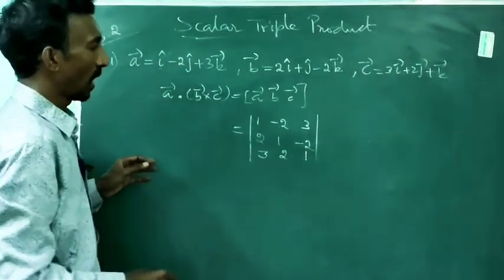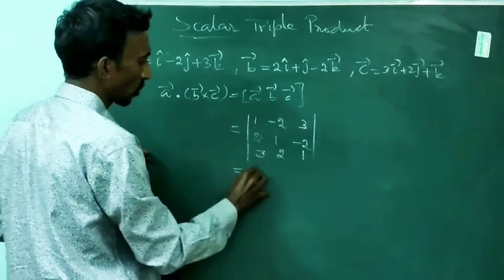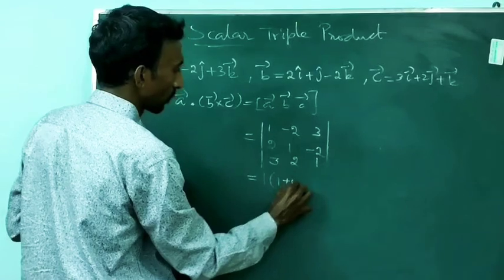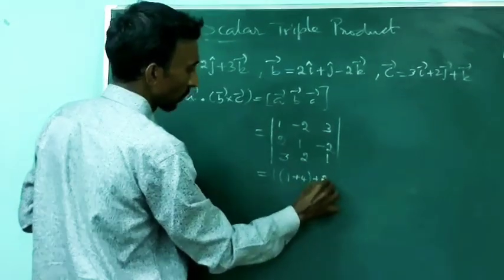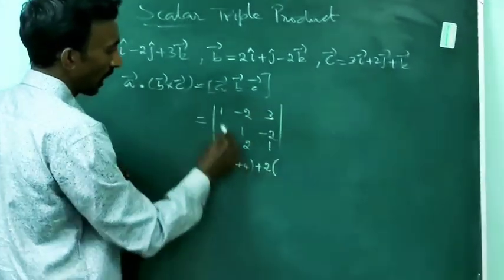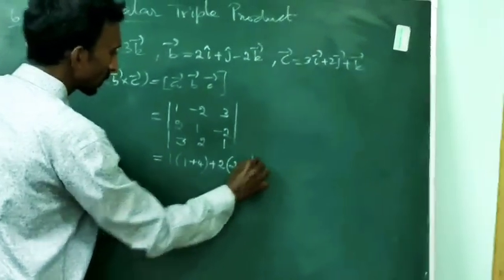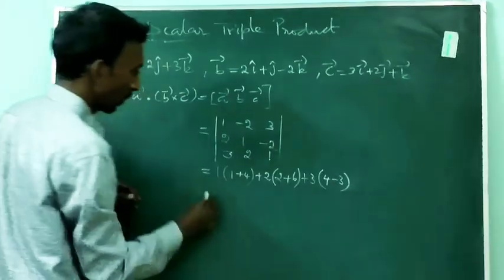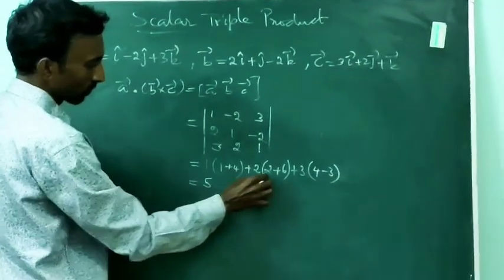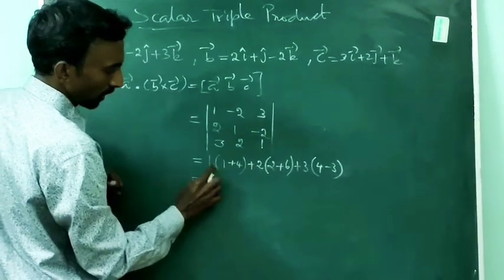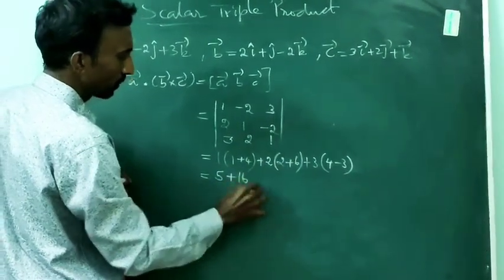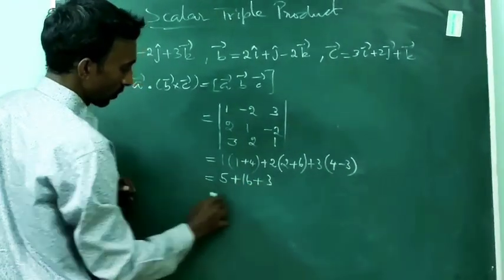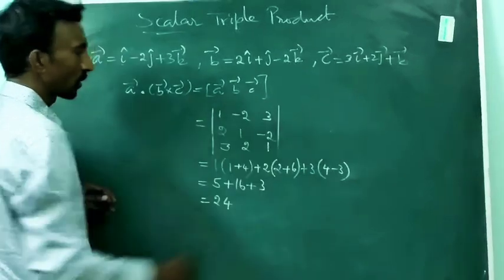Just expand with respect to the first row. 1 into (1 plus 4), minus of minus, plus 2 into (delete the row and column) (2 plus 6), plus 3 into (4 minus 3). So 5 plus 16 plus 3, the value is 24.